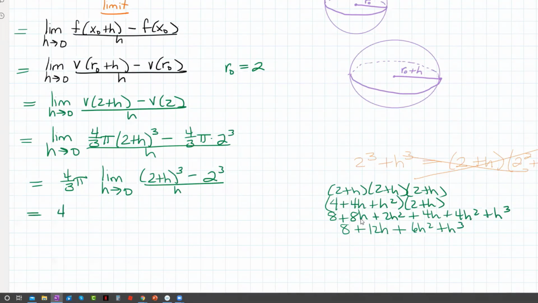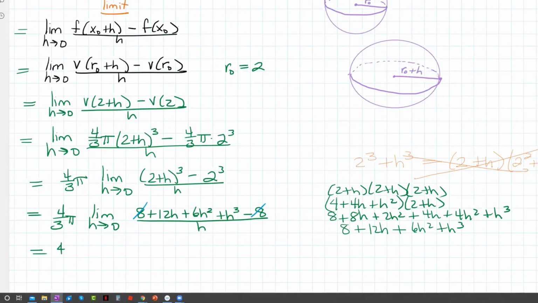So we're going to have 4/3 pi limit as h goes to 0 of 8 plus 12h plus 6h squared plus h cubed minus 8 divided by h. And with polynomial functions, it should always be the case that in the numerator, any terms that don't have an h should cancel out if we did our algebra correctly.